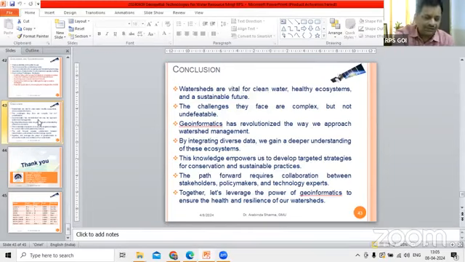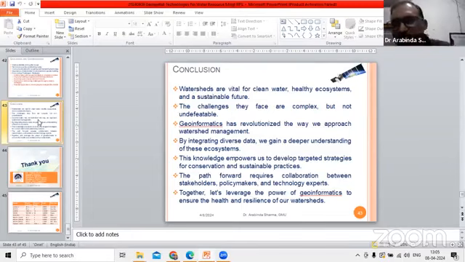First question is, sir, what are the main challenges in using geospatial technologies for water resource management? As I told you, it is an evolving technology. Every day, some changes are coming into the picture, right?